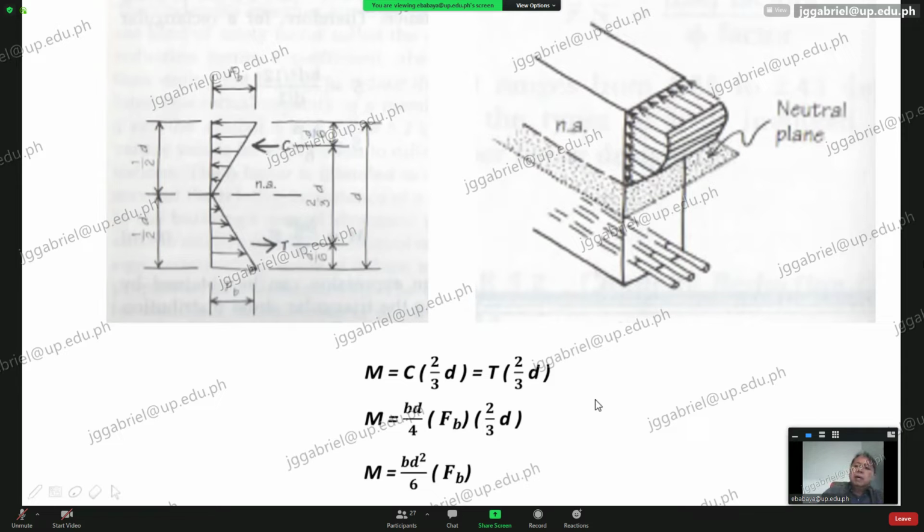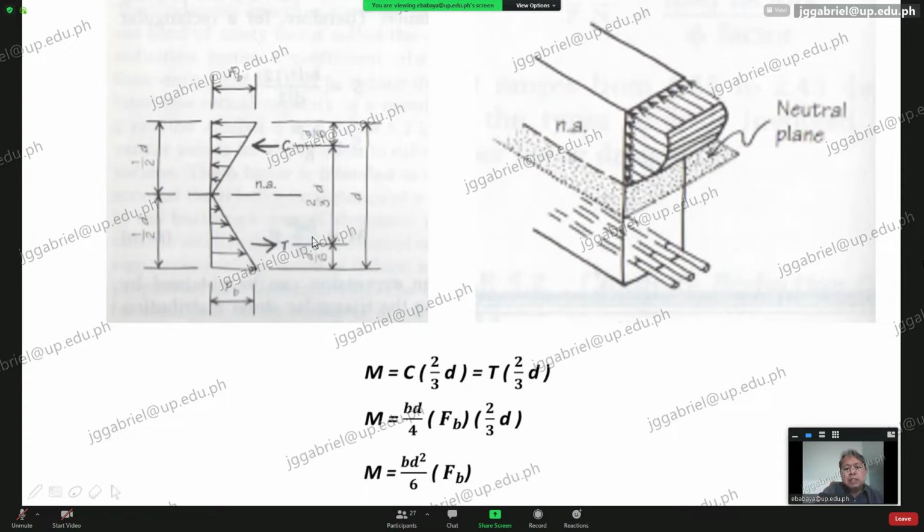When you are computing for the moment of a couple, the forces, which are actually equal, times their distance. In this case, that distance will be 2/3 D. How did this become 2/3 D?